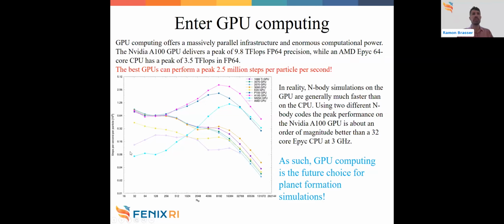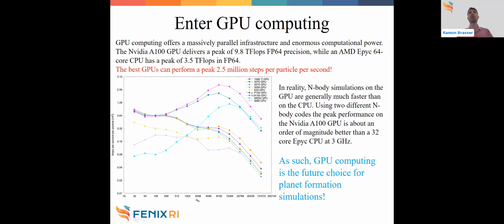So if you look at this figure here, on the horizontal axis is the number of self-gravitating bodies that we have tested. And on the vertical axis is the number of steps per second per particle. Okay? That seems like a little bit of an abstract concept, but if you think about it, it really allows you to predict and estimate roughly how fast your code is going.